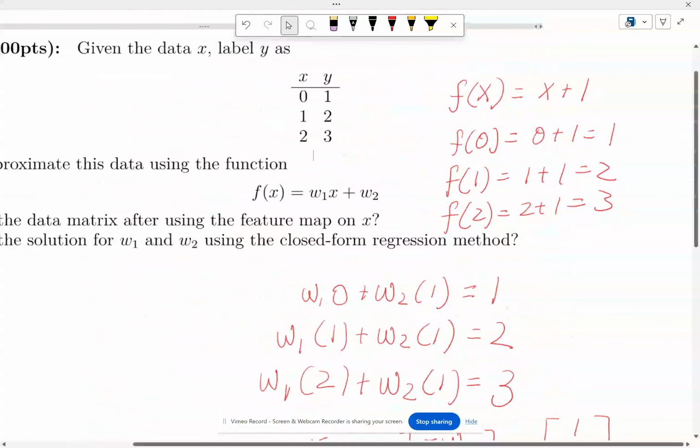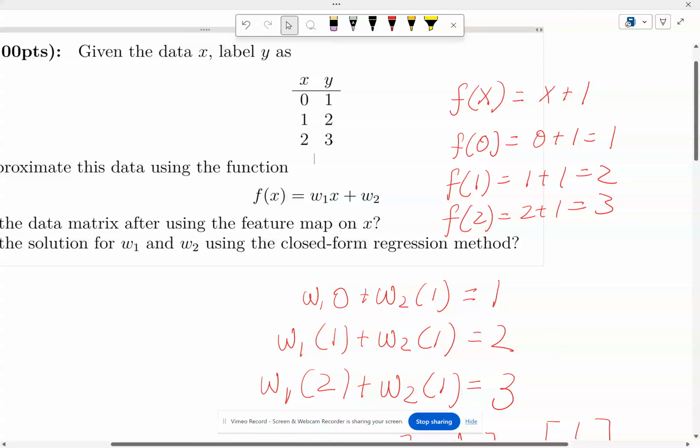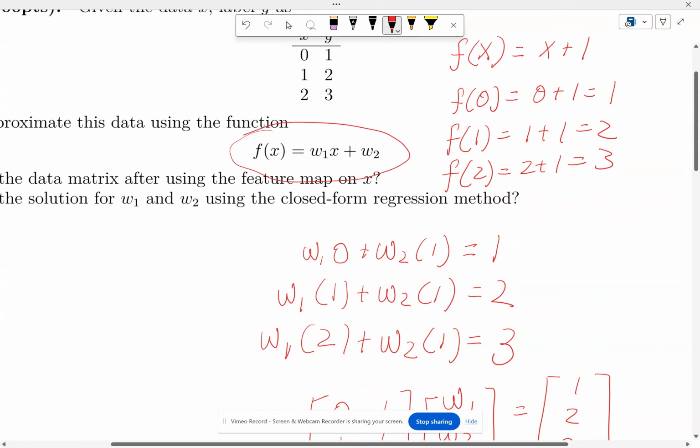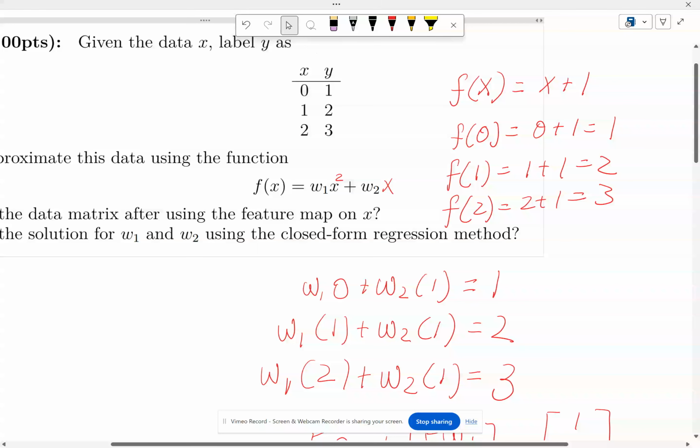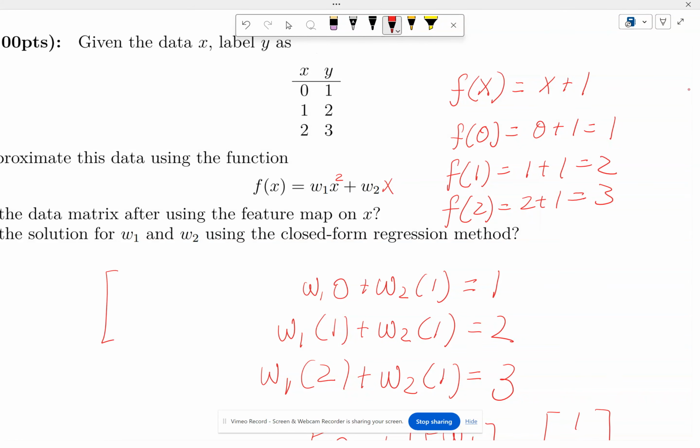Now, the part that trips most people up is that you have to really pay attention to the function you're using. This is a simple function, but if I had put x squared and x here, right? So this implies that the matrix would have been 0, 0. But when you plug 1 in, that'll be 1 and 1.